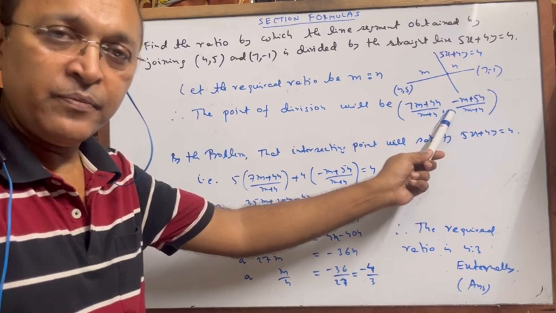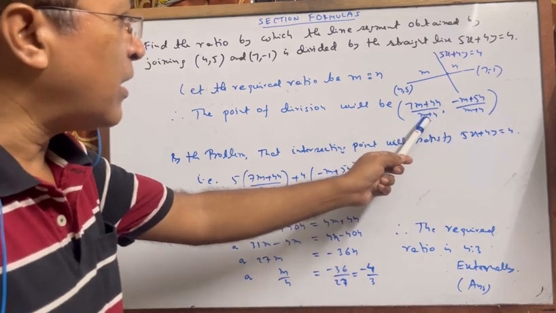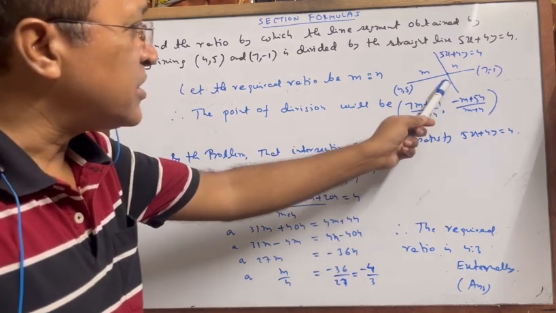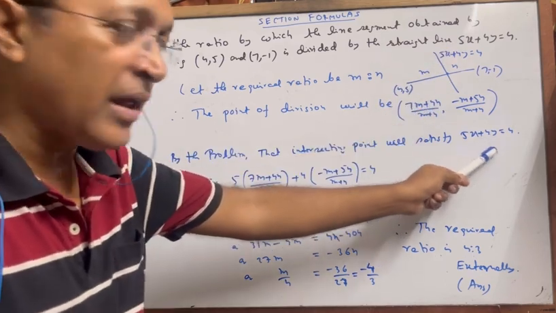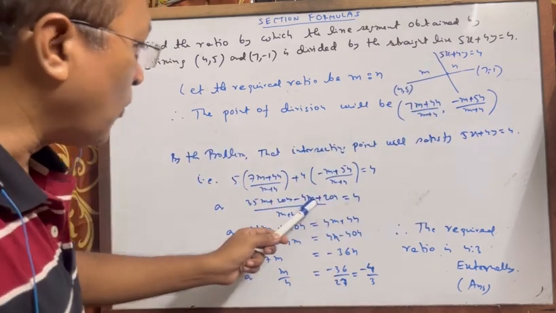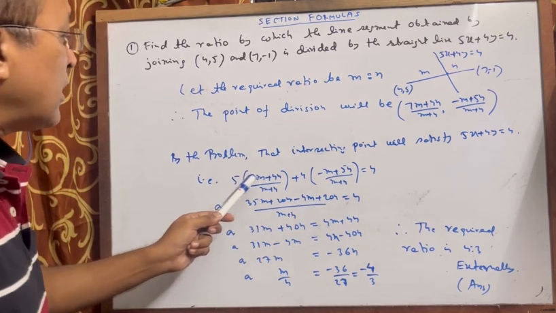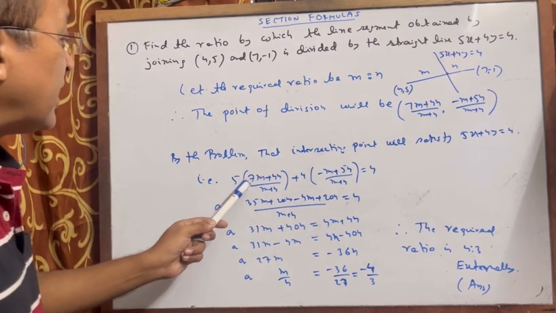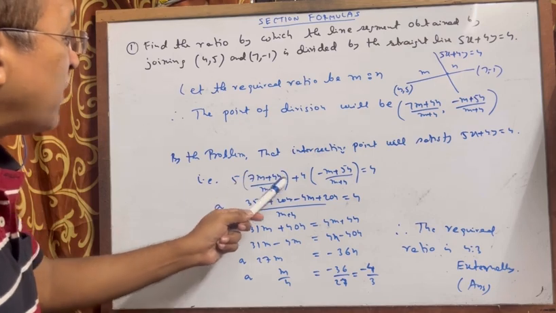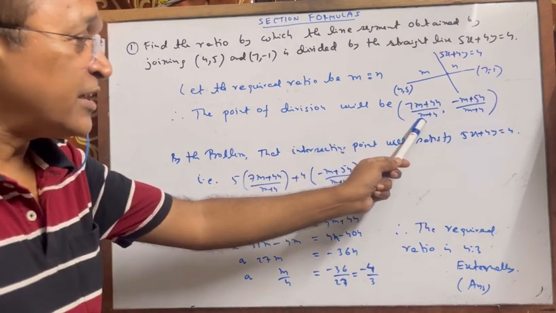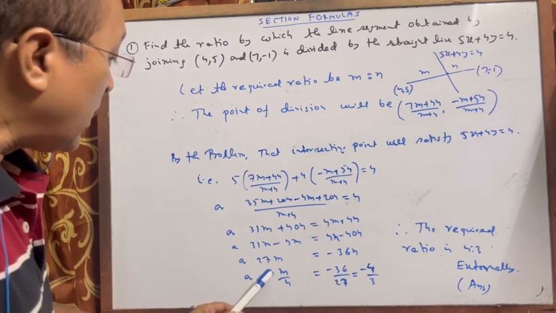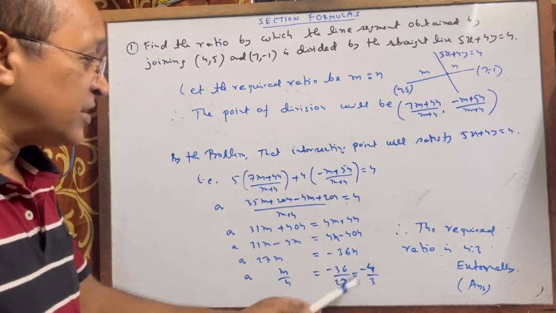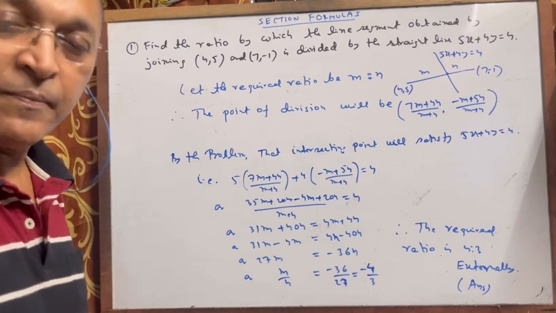After that, since this particular point is common to both the straight lines, this point will satisfy the next straight line. Therefore, for the second straight line, x is replaced by this x coordinate and y is replaced by this y coordinate, and m by n is found as minus 4 by 3. That is, the required ratio is 4:3.